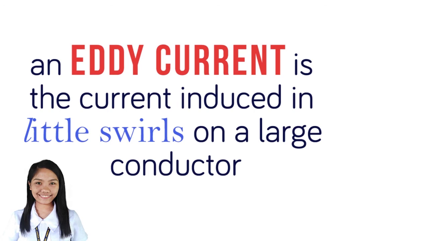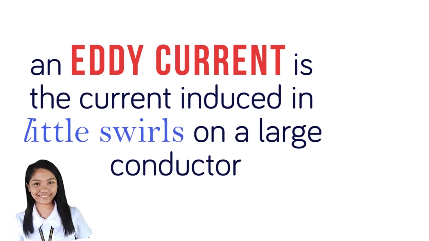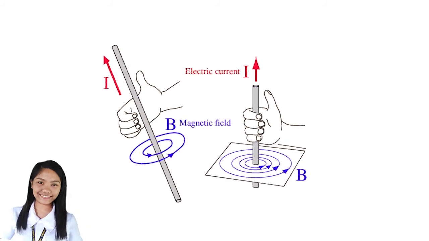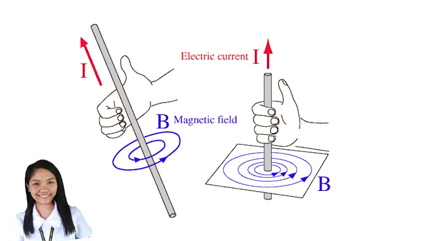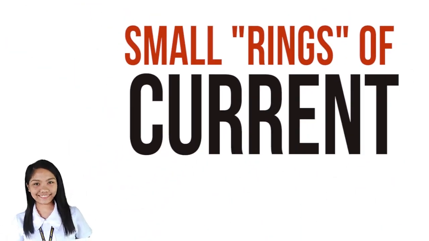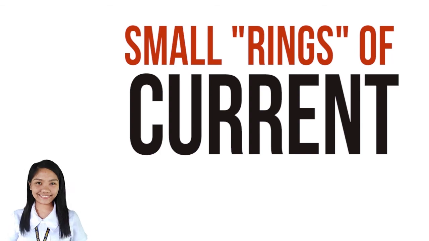An eddy current is the current induced in little swirls on a large conductor. If a large conductive metal plate is moved through a magnetic field which intersects perpendicularly to the surface of the sheet, the magnetic field will induce small rings of current which create internal magnetic fields opposing the change.